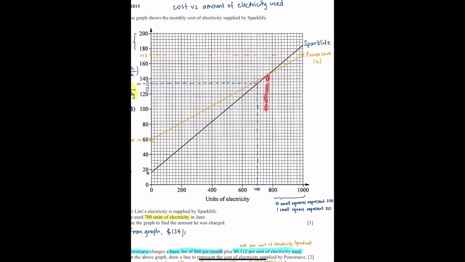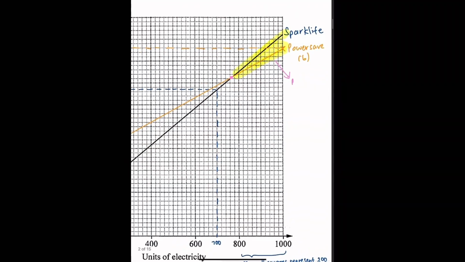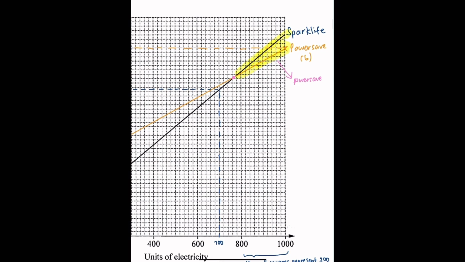This means from this particular value of units of electricity onwards, PowerSave will be cheaper than SparkLife, because take note, the y values on this line are lower than the y values of SparkLife's line, which means the cost is actually lower. So what we need to look at is this part of the graph, where PowerSave is cheaper than SparkLife.